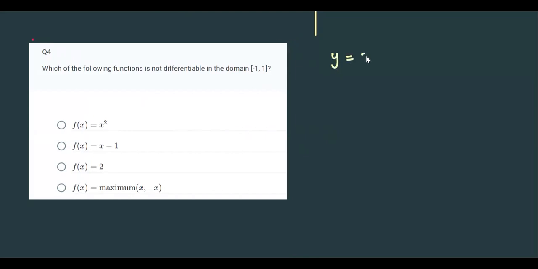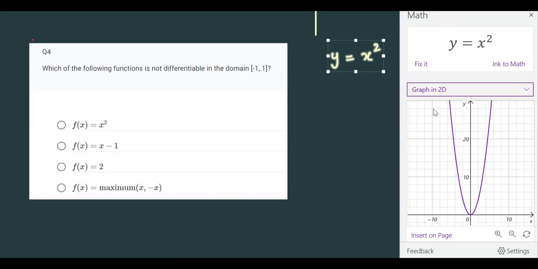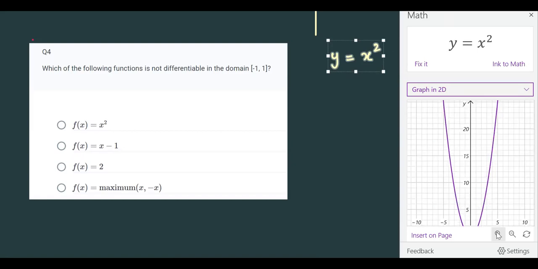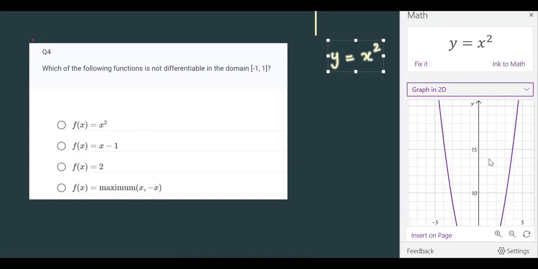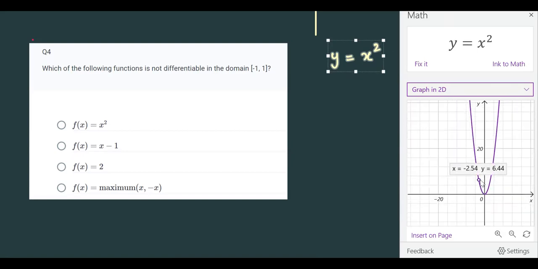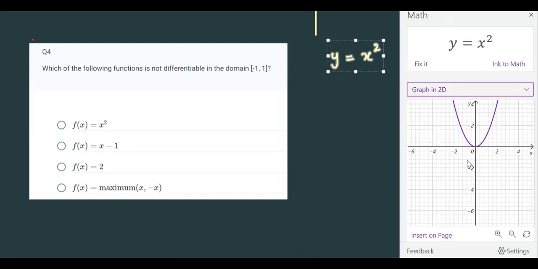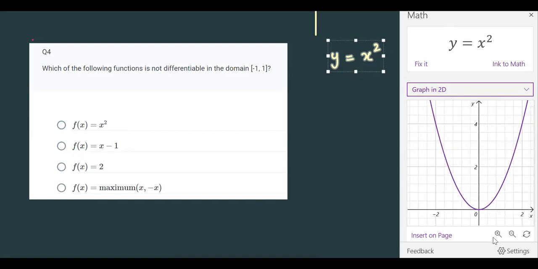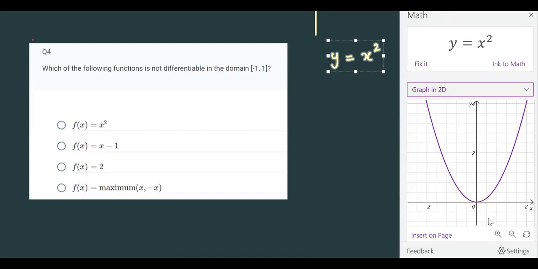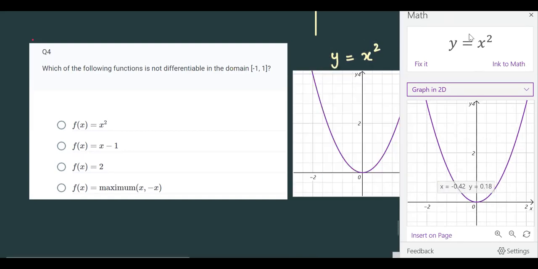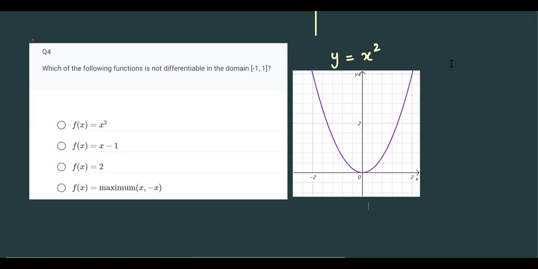Y is equal to x square. This graph we know. It's a parabola, a simple parabola.